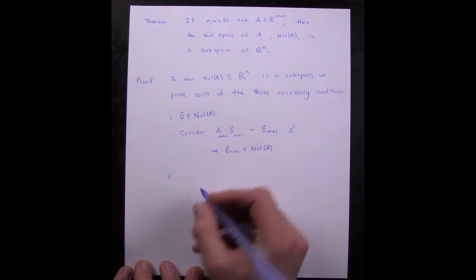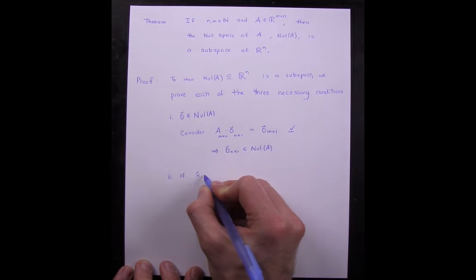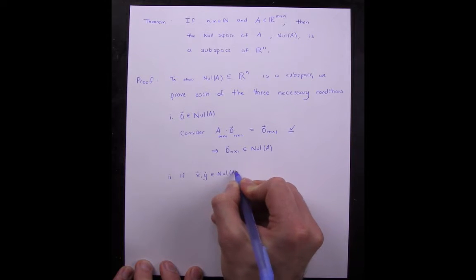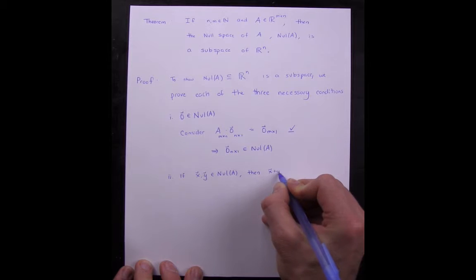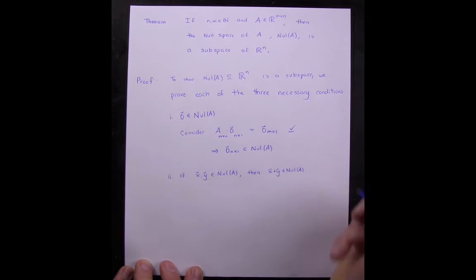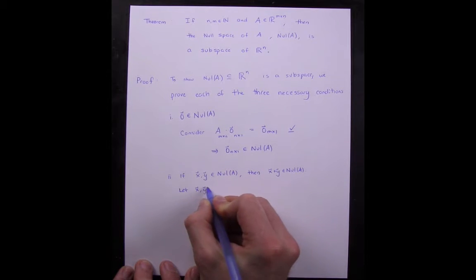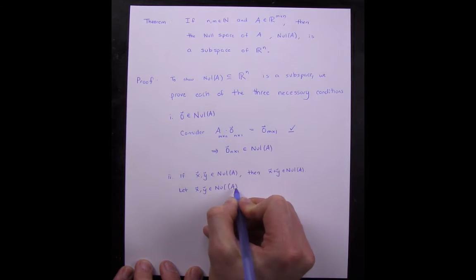Condition number 2. We need to check that if x and y are elements of the null space of A, then the sum x plus y is also in the null space. Let's begin by assuming that we have two individual vectors in the null space.